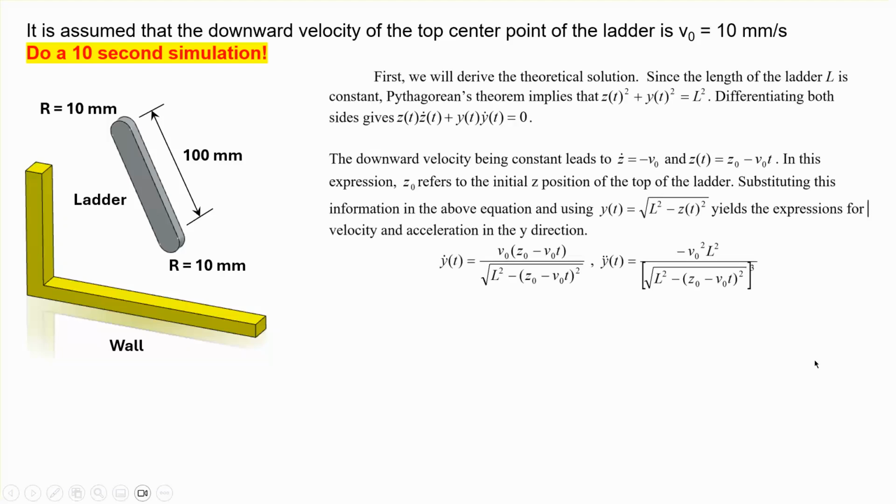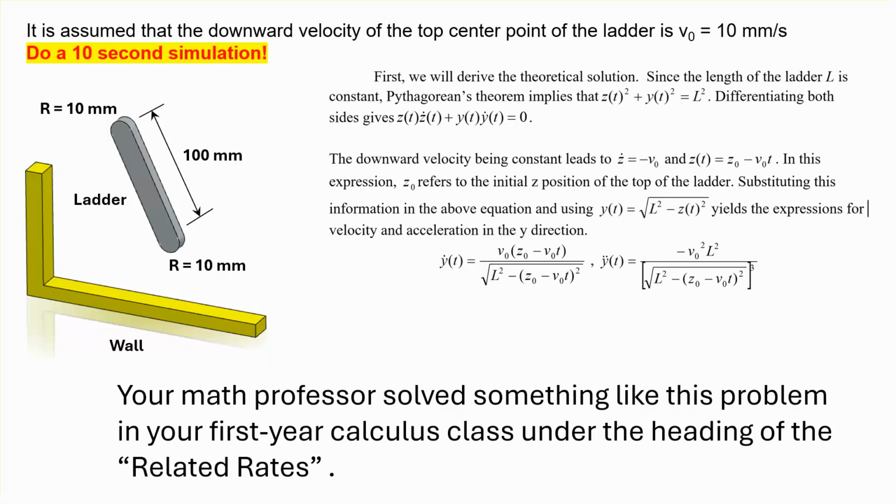The first time you may have seen something like that was in your calculus class, where your math prof gave you the same thing under the heading of related rates. If you look at the expression, Pythagoras' theorem, z squared, the height squared, plus y squared, the horizontal distance squared, equals L squared.